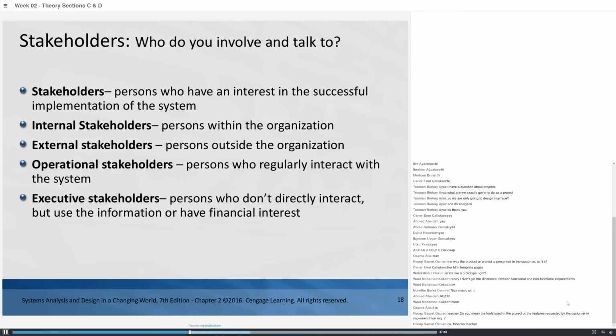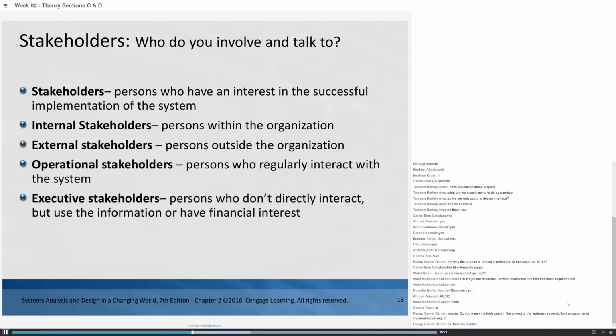This can be a small group or a large or a diverse group. For example, when we implement a comprehensive accounting system for a publicly traded corporation in Europe, the stakeholders include bookkeepers, accountants, managers, executives, customers, investors, and many other roles.